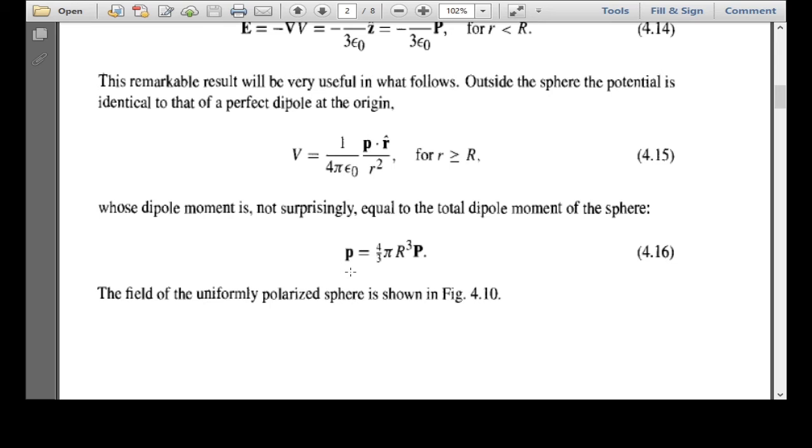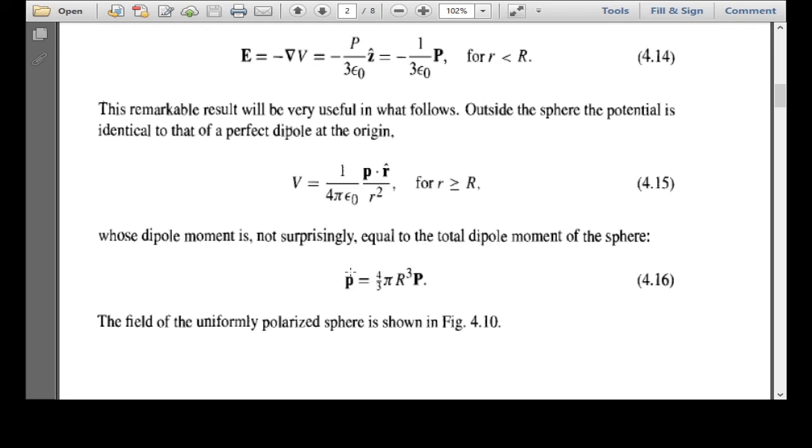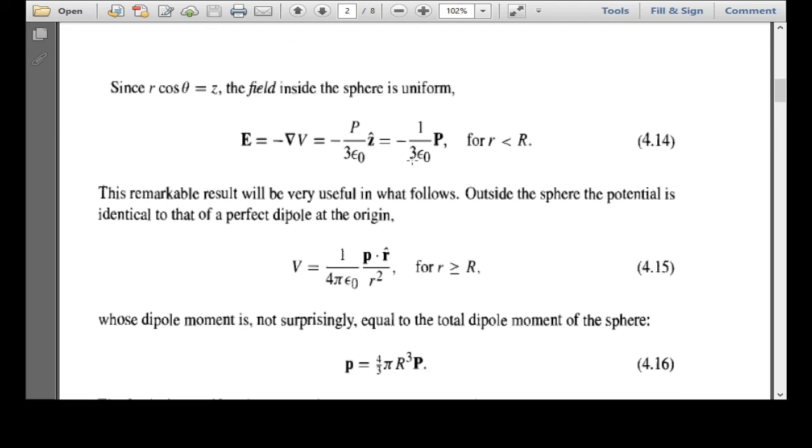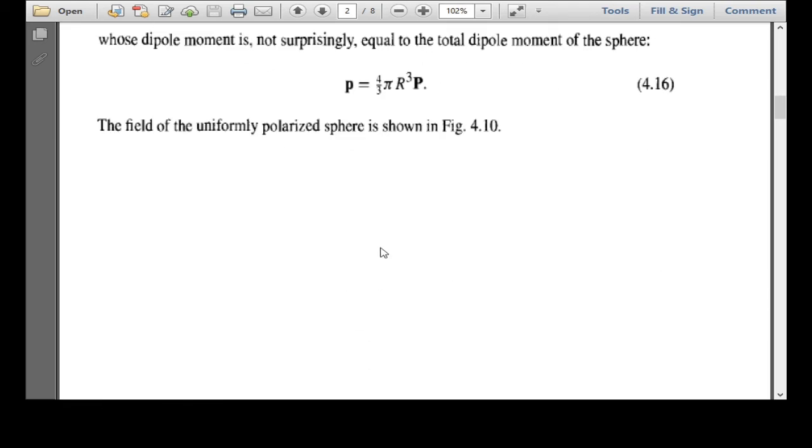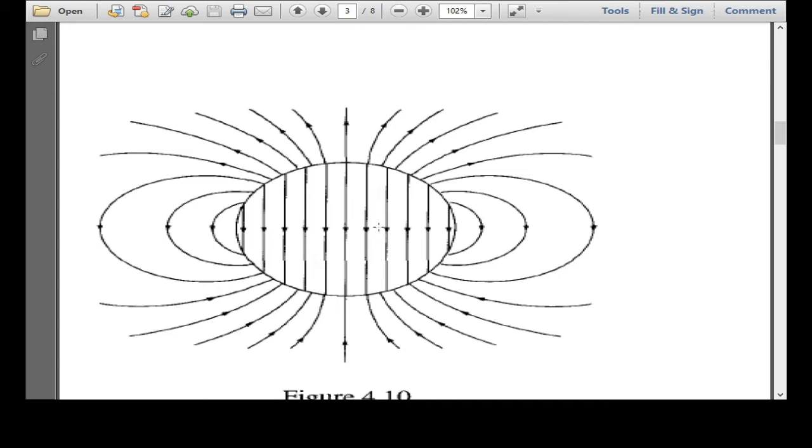So outside the sphere the electric field is similar to the dipole. Inside the sphere the electric field is given by minus P by 3 epsilon 0. The figures will show this, the electric field outside and inside. Inside you can see the electric field lines are uniform and parallel to each other, and outside the field lines behave like a dipole.